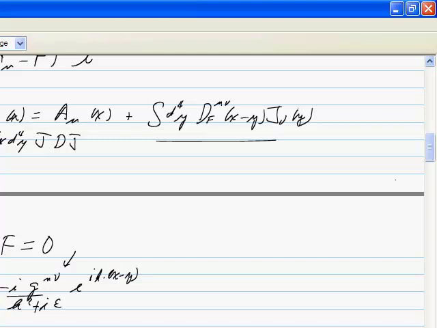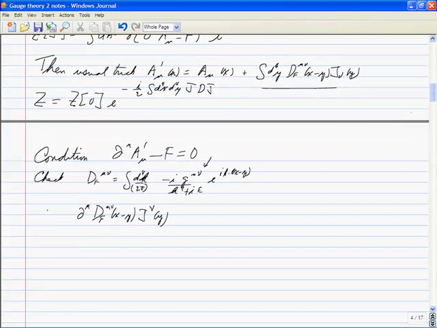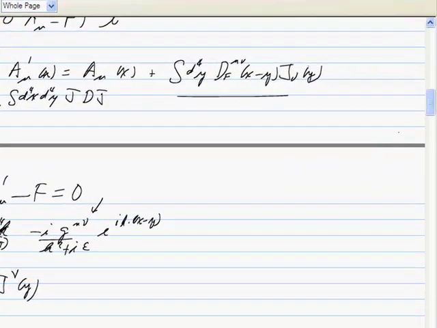So actually what I really want to do is take J nu of y integral, this is d by dx and d4y. Okay, that's what I'm taking the derivative of.